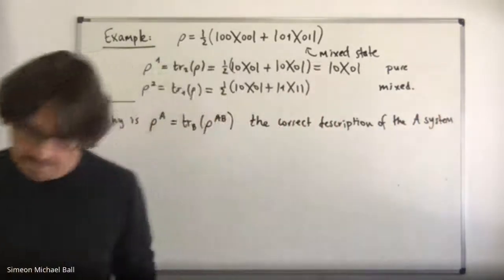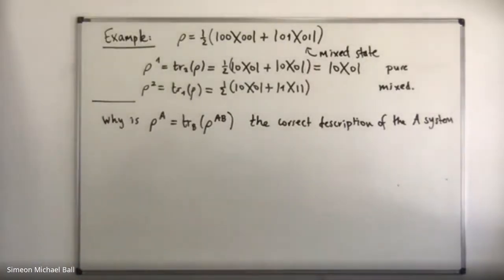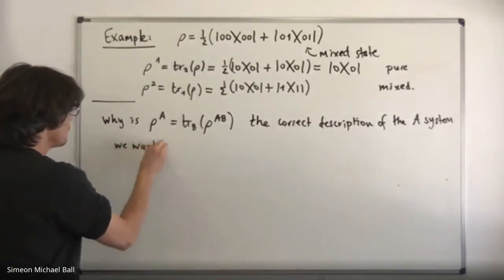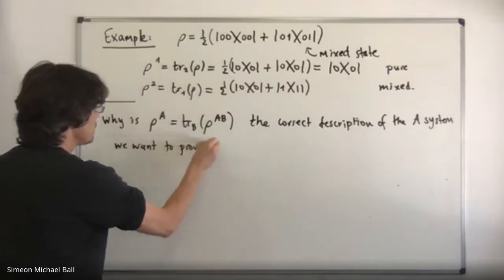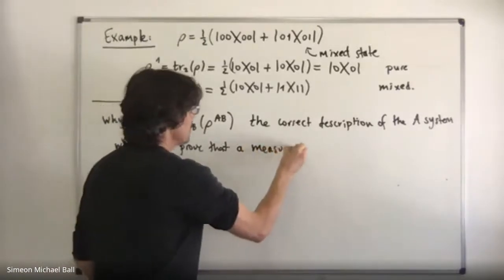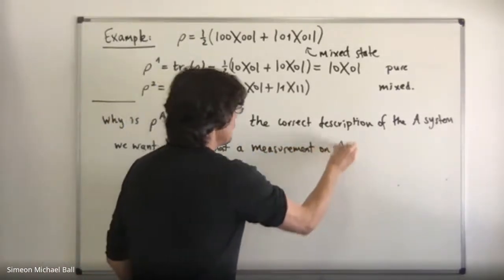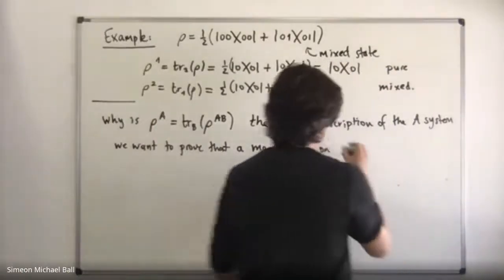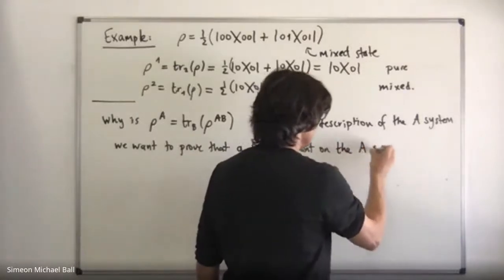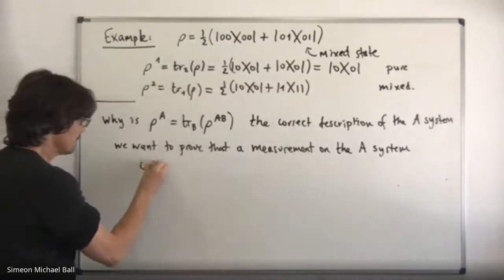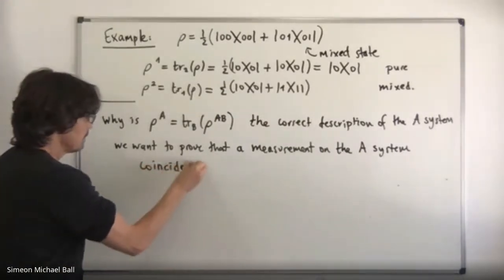We want to prove that if we do a measurement on A, it will coincide with this reduction.